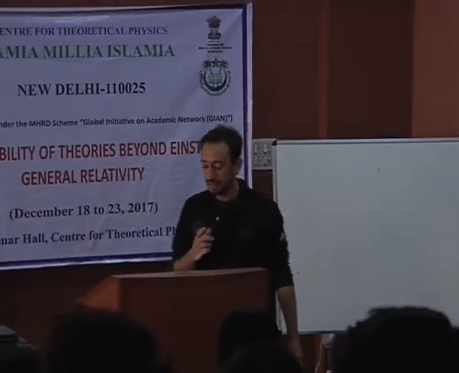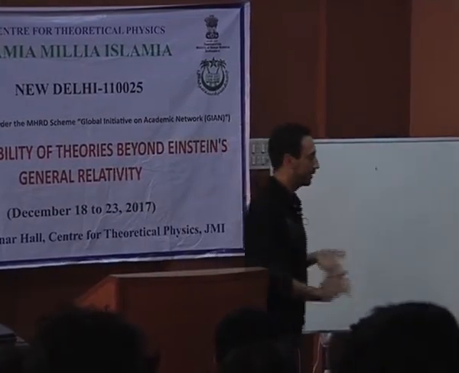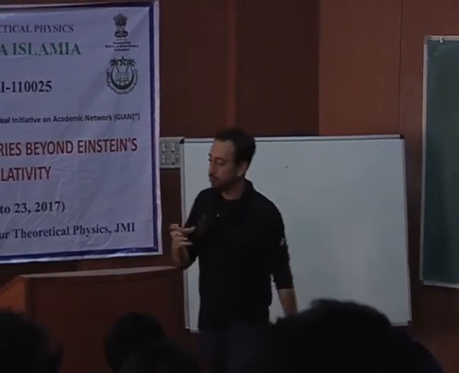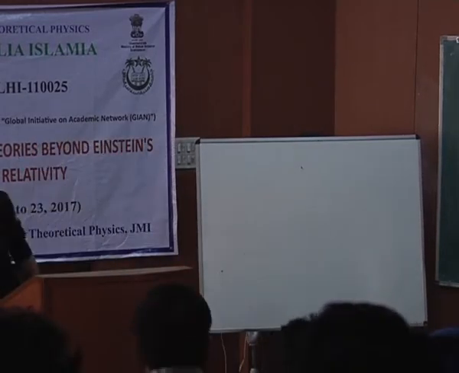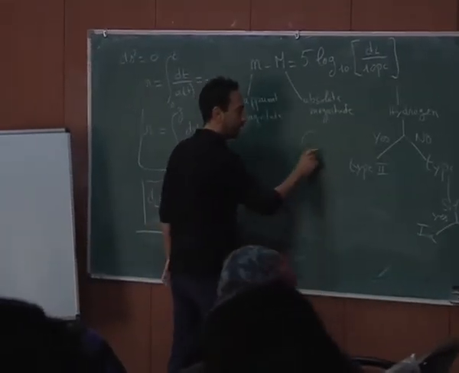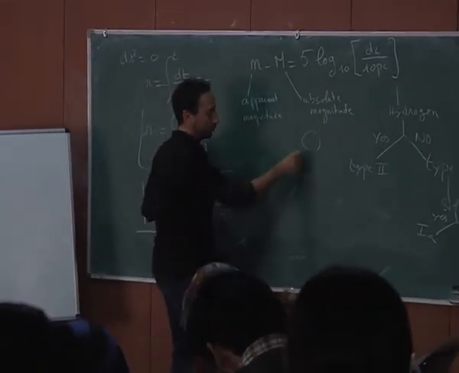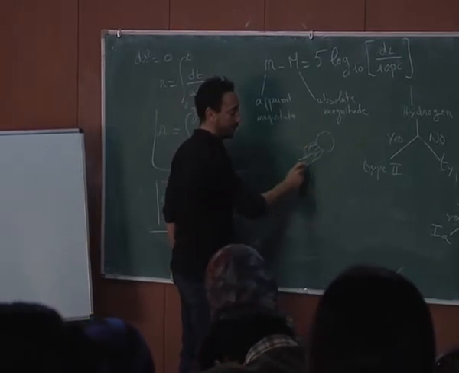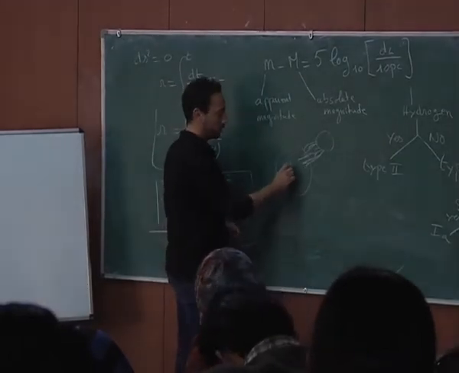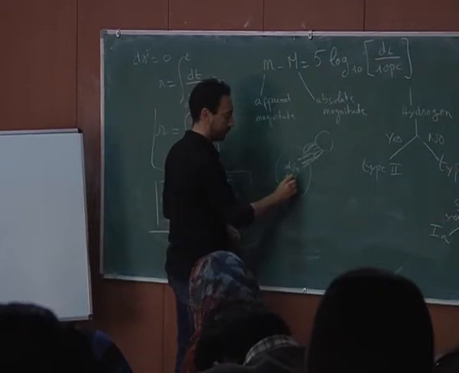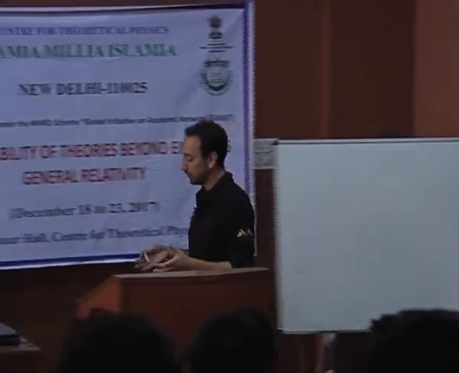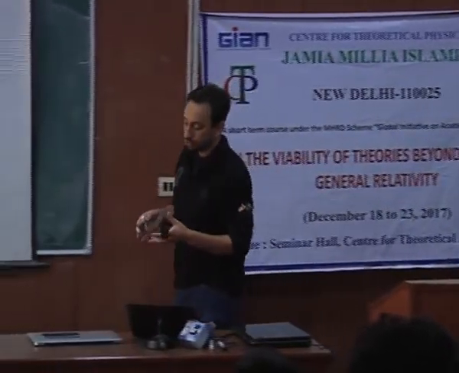The second thing, the very interesting thing about this supernova of type 1a, is that they are binary systems. So you have two stars, and what's happening is the following: you have a bigger star and you have a small star. The bigger star will start actually taking matter from the second one. Usually at the beginning this is what is called a white dwarf. A white dwarf is some kind of star which exists.